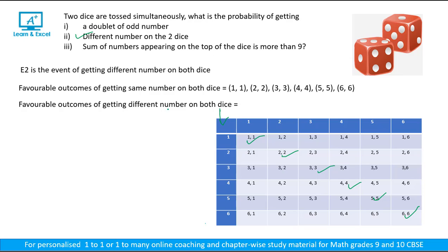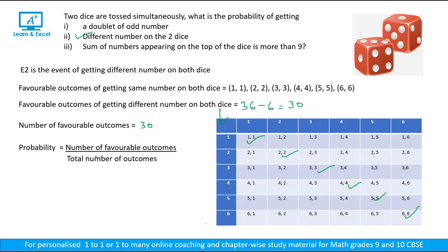The favorable outcomes of getting different numbers on both the dice will be the total outcomes, which is 36, minus the outcomes of getting the same number on the dice, which is 6. So we will get 30. So the number of favorable outcomes will be 30. Now the probability formula we know as number of favorable outcomes upon total number of outcomes. So the probability of this event E2 happening will be 30 upon 36, which is equal to 5 by 6.